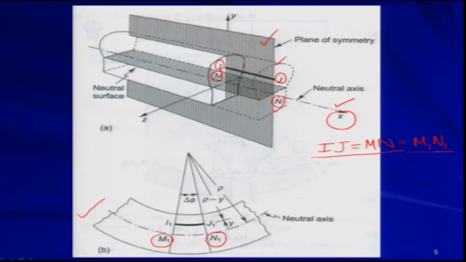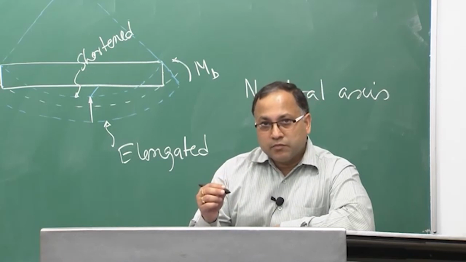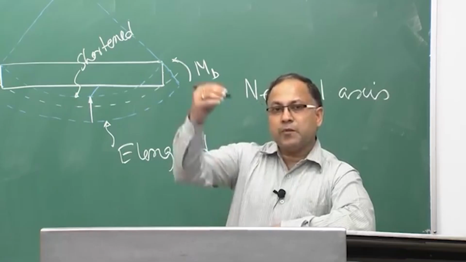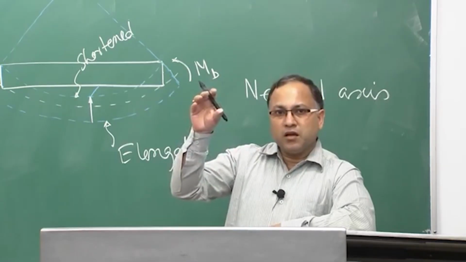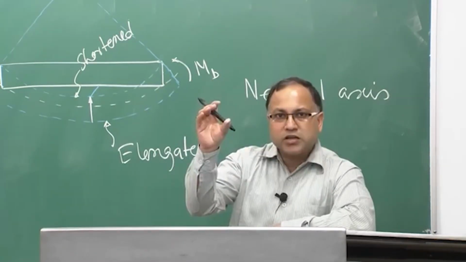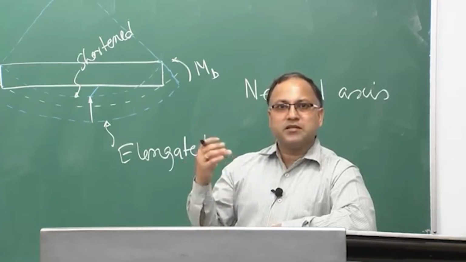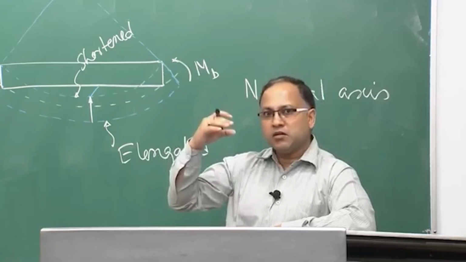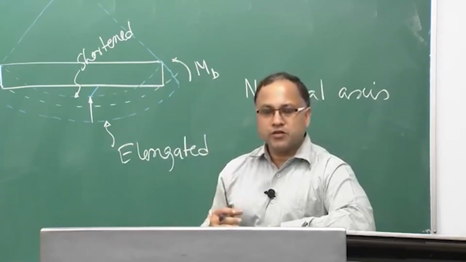but at the same time your ij fiber will be experiencing some deformation, because the neutral axis is not experiencing the deformation. So, anything above the neutral axis will be experiencing the contraction, and below the neutral axis it will be experiencing the elongation, right, because you are travelling from the elongation zone to the contraction zone.